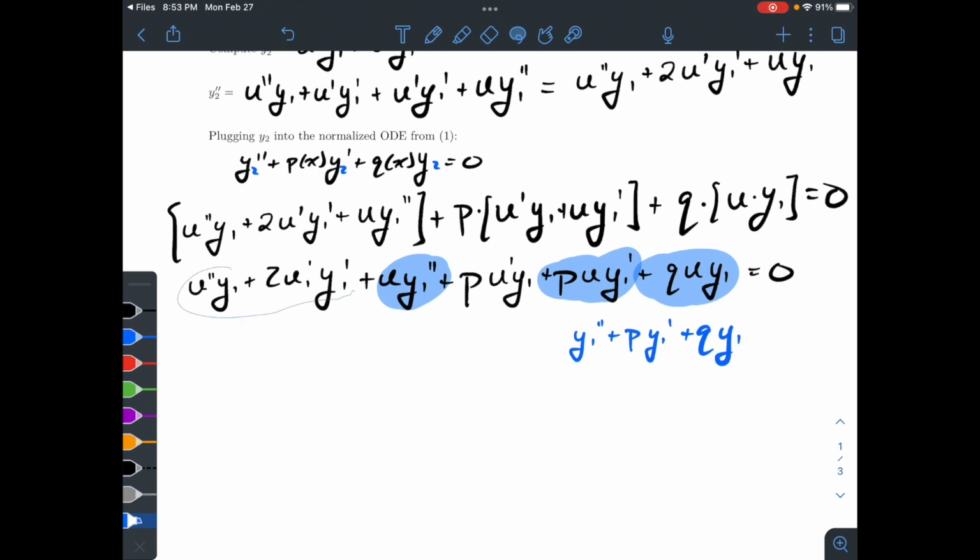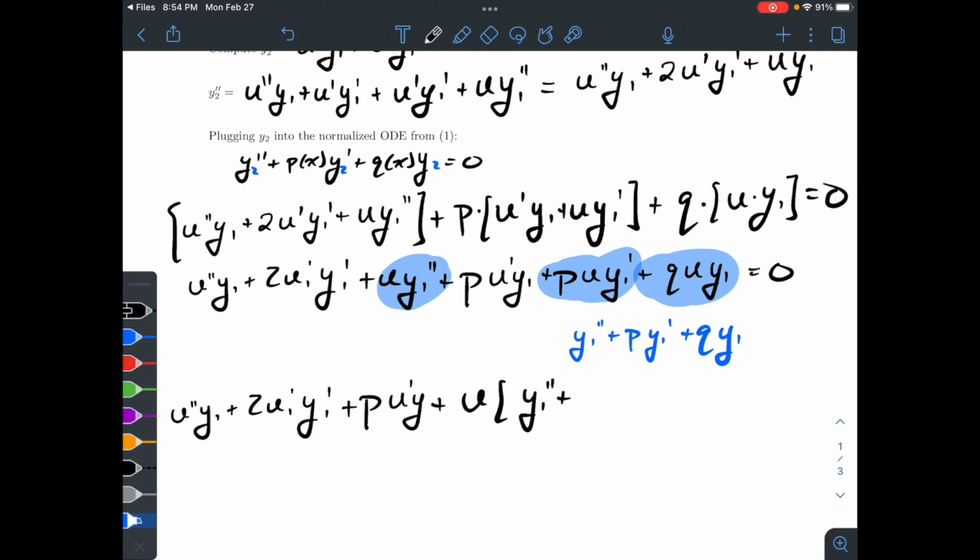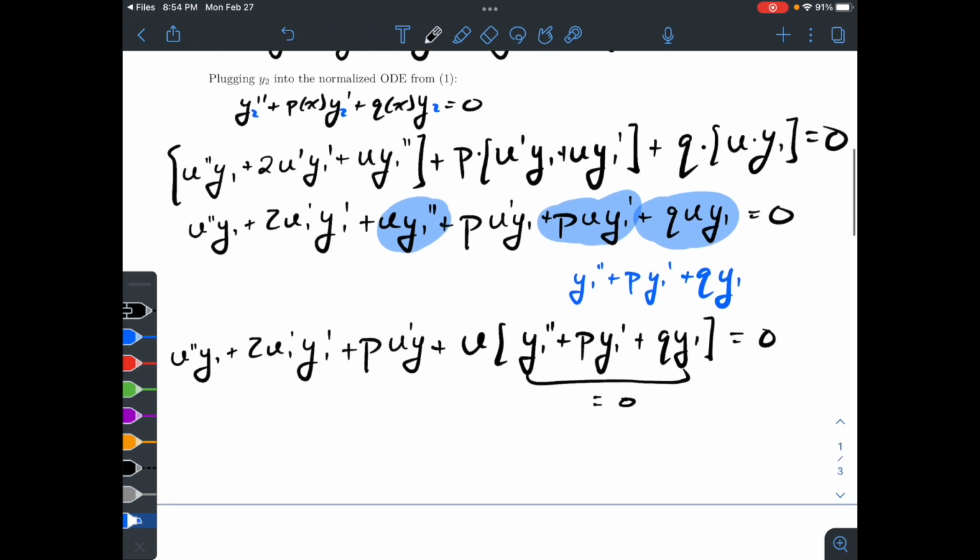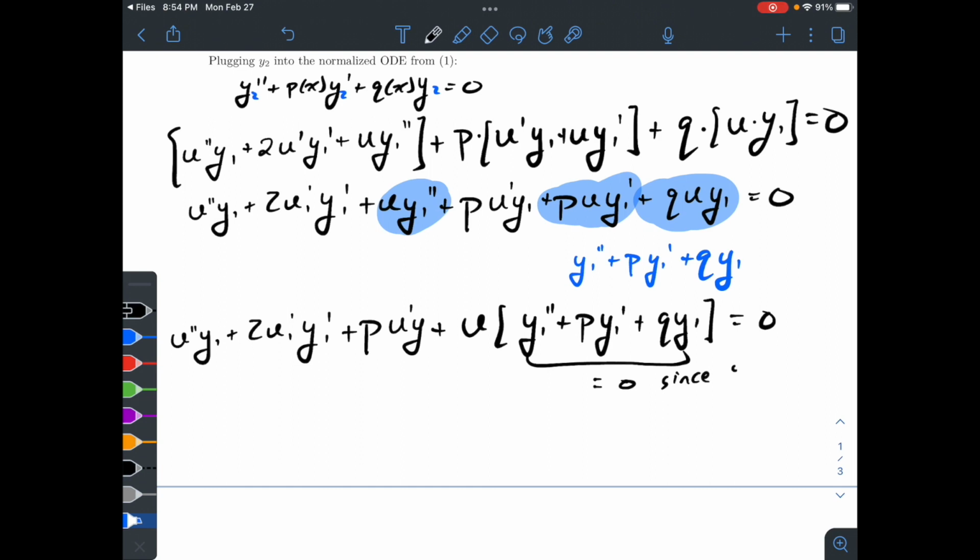So let's copy all the stuff on here. So this plus all that highlighted stuff, we can factor out a u from it, and be left with y1 double prime plus p times y1 prime plus q times y1. And that is all going to equal 0 because y1 is a solution to the differential equation.